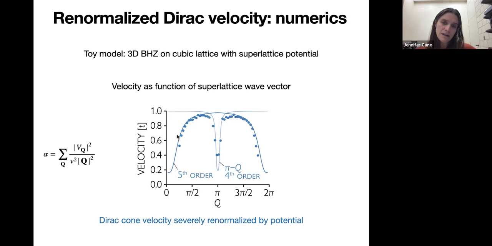The numerics and perturbation theory agree pretty well. And you can again see that the velocity is dipping down to a fraction of its original value. I think these dots would keep going down, except that we couldn't get to large enough system sizes.